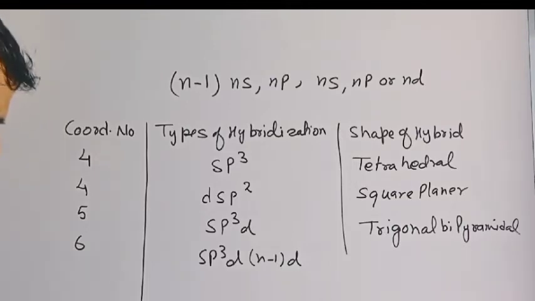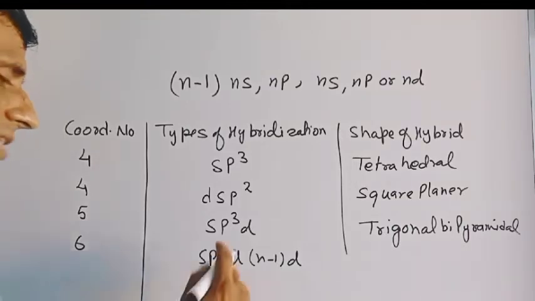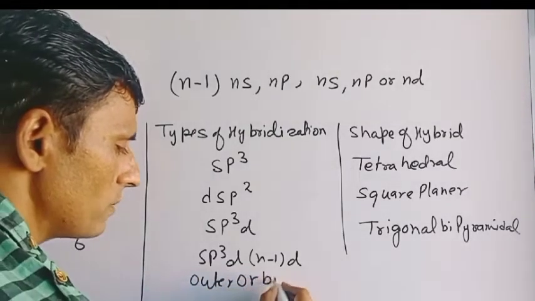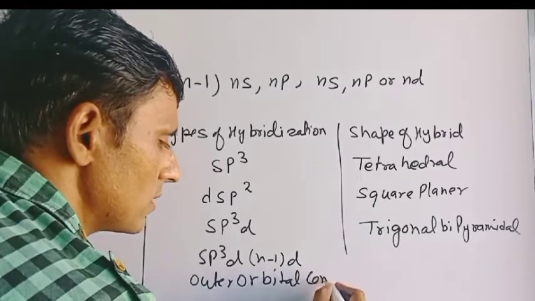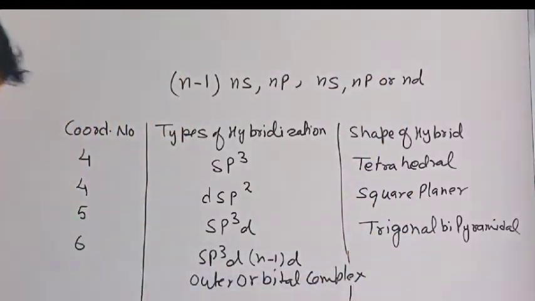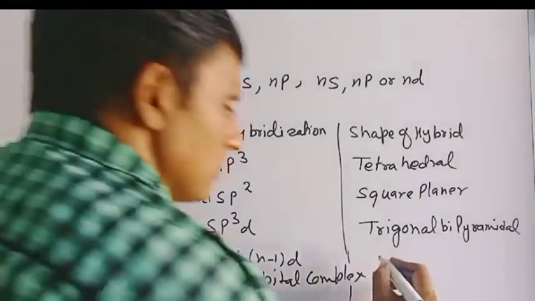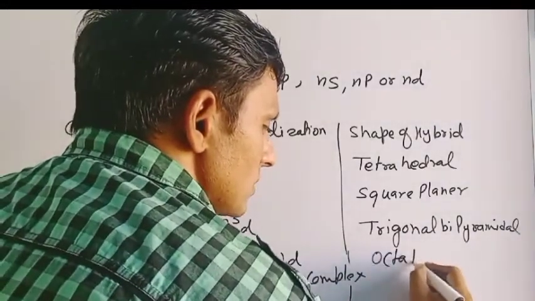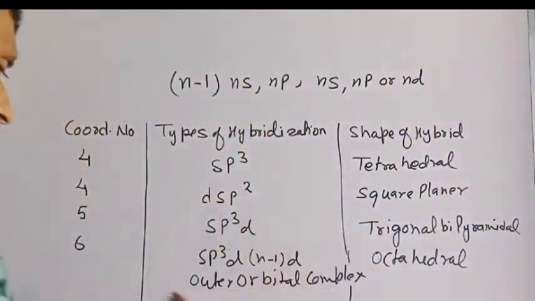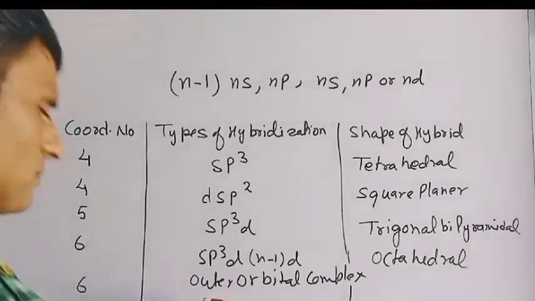Since d is outside, it is known as an outer orbital complex. The geometry is octahedral in both cases. Octahedral.